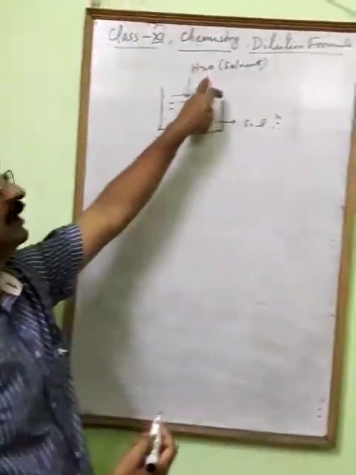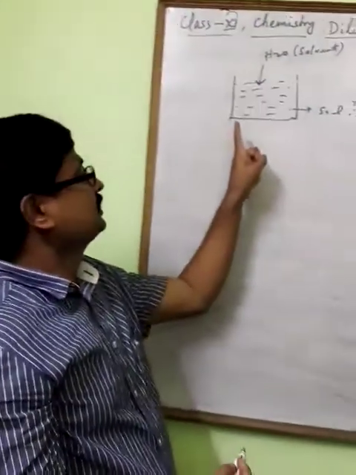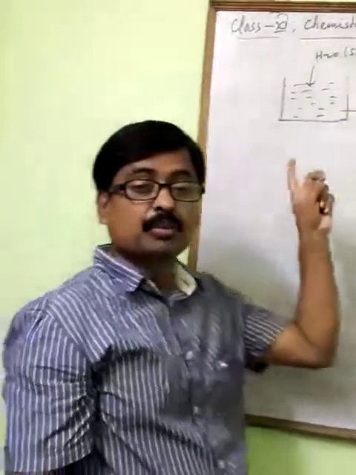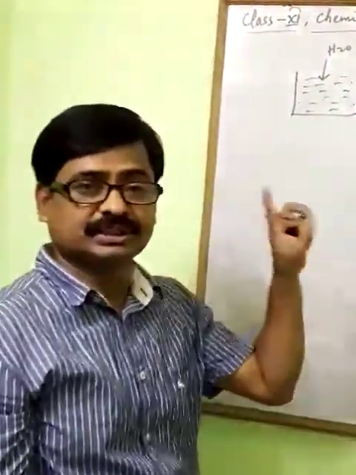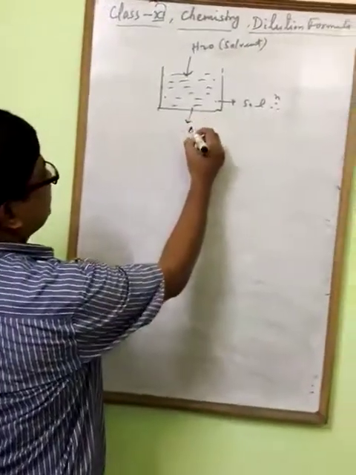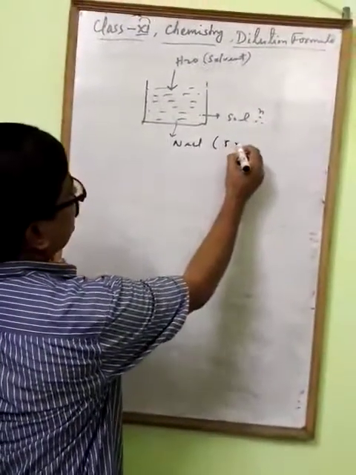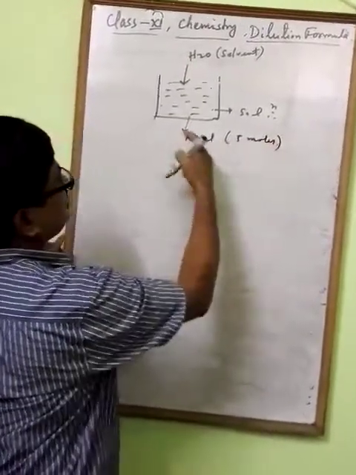Which one is the solvent here? Water. But keep in mind, in this case the number of moles of solute remains unchanged. What was there? NaCl. Suppose here previously it was 5 moles.